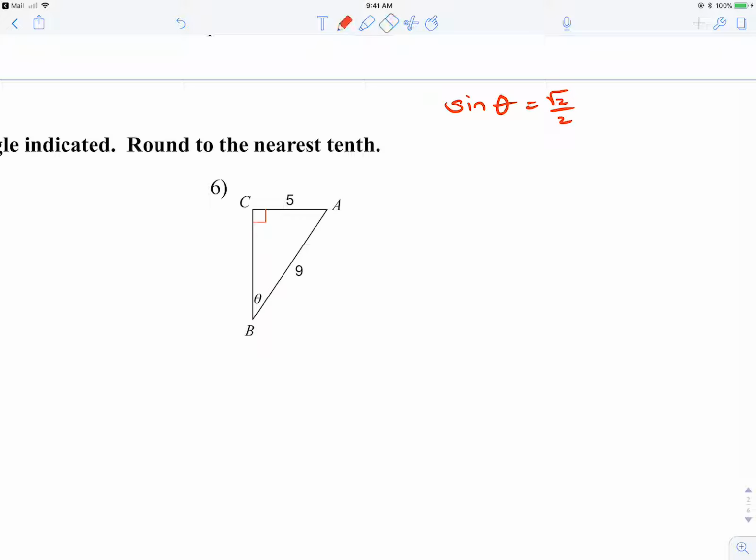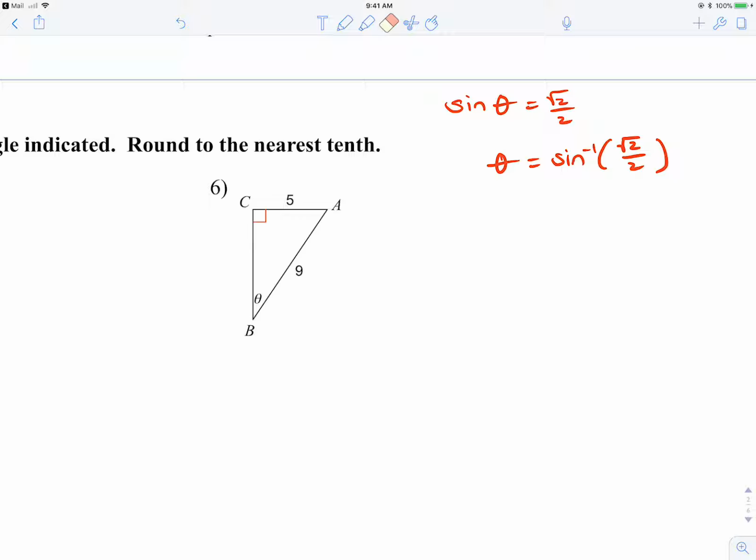So when we take the inverse sine of each side of the equation here, we would get that theta is equal to inverse sine. This notation should look familiar from the notation for an inverse function. That's not sine being raised to the negative first power, although this notation can be a little bit confusing. But it's the notation that you should see on your calculator as well. If you hit second and then sine, you see right above the sine button, it has the sine inverse in this notation.